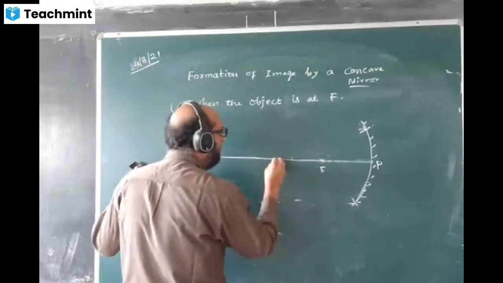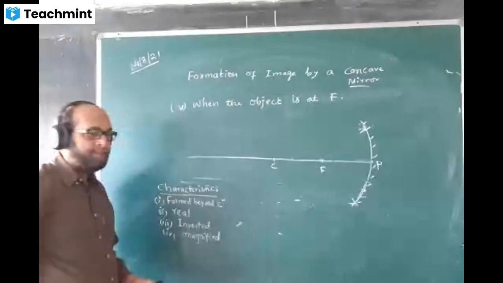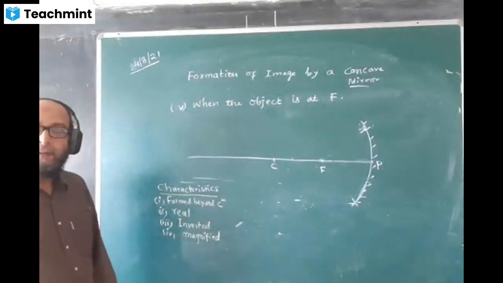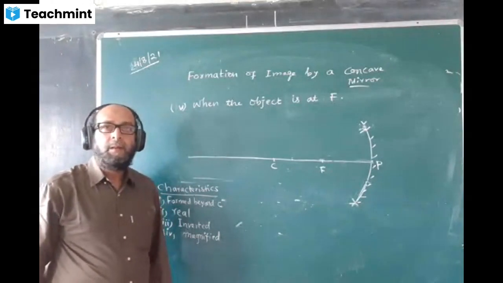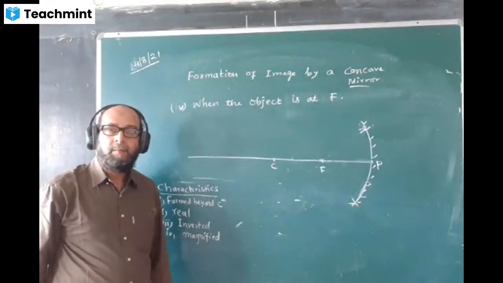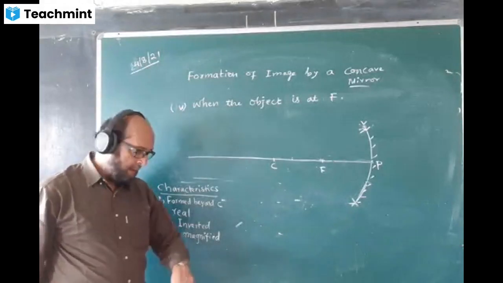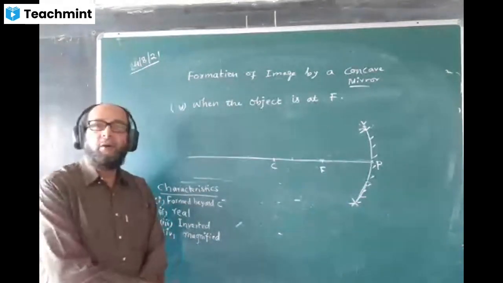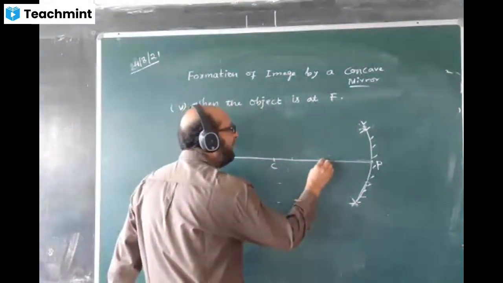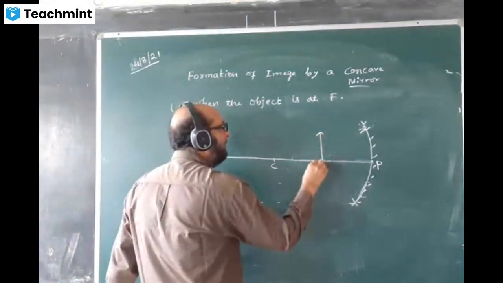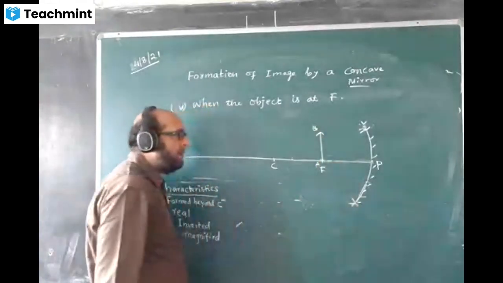Marking F, 2 centimeters, 2 centimeters, 2 centimeters, mark C. Okay? Where should you keep the object now? You should keep the object at F, exactly at F. Take the height of the object equal to 2 lines, AB.